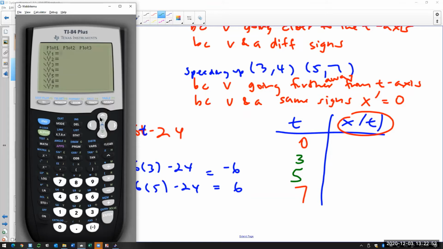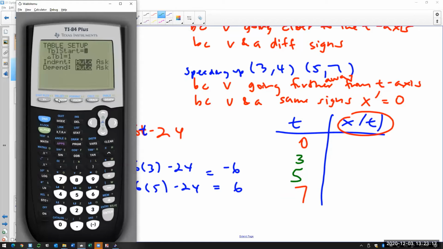And I'm going to create a table. I think it's easiest just to create a table here. So this will be x cubed minus 12x squared plus 45x. That's my position formula. And I'm just going to copy that table. Do you remember how to make a table? Second table set.